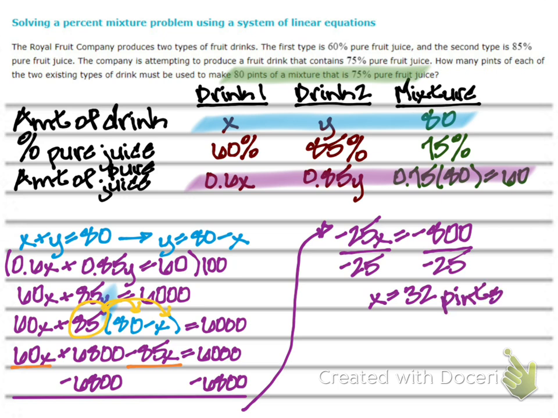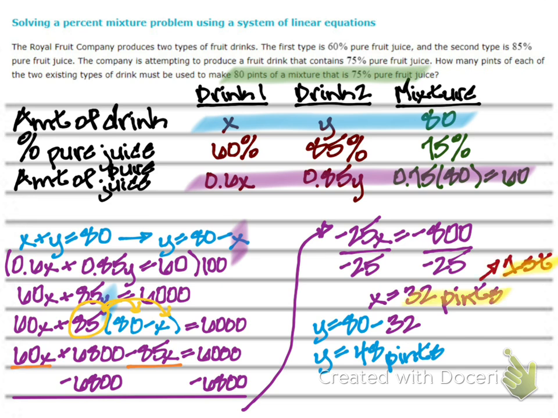So now looking at my y, I want to replace the x with its value. So y is 80 minus 32, which is 48 pints. So my answer is I want 32 pints of the first drink, which is the one that had the 60% pure juice, and 48 pints of the second.